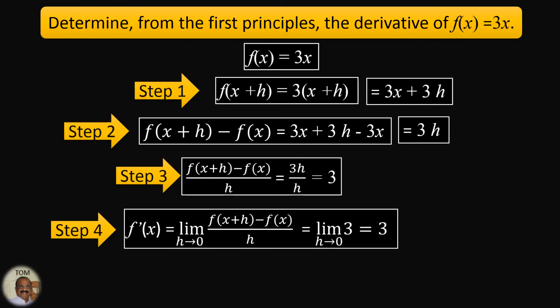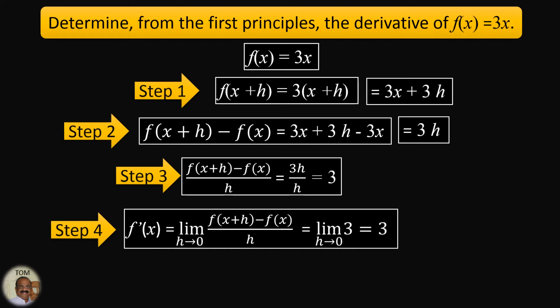Okay. So what is that? Limit of f of x plus h minus f of x over h. Already we have f of x plus h minus f of x over h is equal to 3. So limit h approaches 0 of 3. And we have already seen in our part 1 the concept of limit, and we have seen examples there.